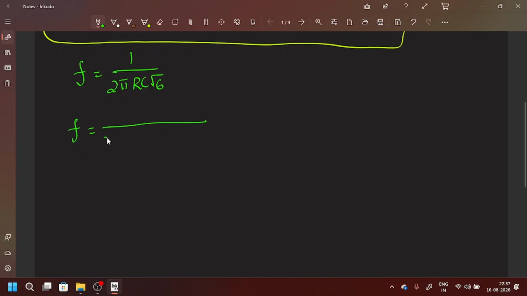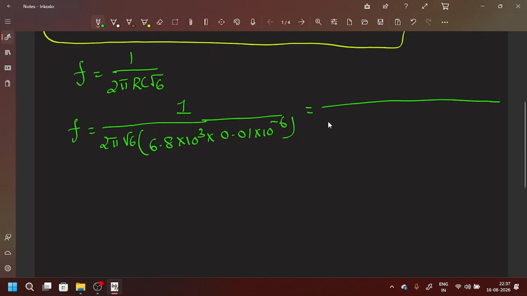So it's 1 divided by 2 pi root 6 into, so the resistor value is 6.8 into 10 cube, and the capacitor value is 0.01 into 10 to the power of minus 6. So yeah, this is the value. And if you rearrange all these, it is 2 pi square root of 6 into 6.8 multiplied by 0.01 multiplied by 10 to the power of 3 minus 6.